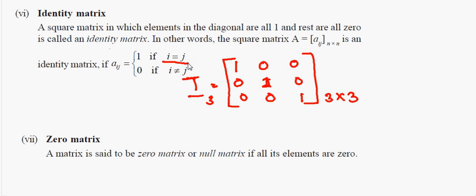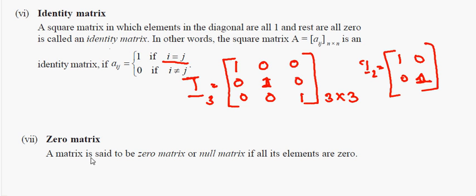Whenever i is equal to j, that element will be equal to 1. If i is not equal to j, it will be 0. So if you want a 2 cross 2 matrix, it will be like this: 1 0, 0 1. So this is I2 of order 2 cross 2. I hope you are clear with what an identity matrix is.